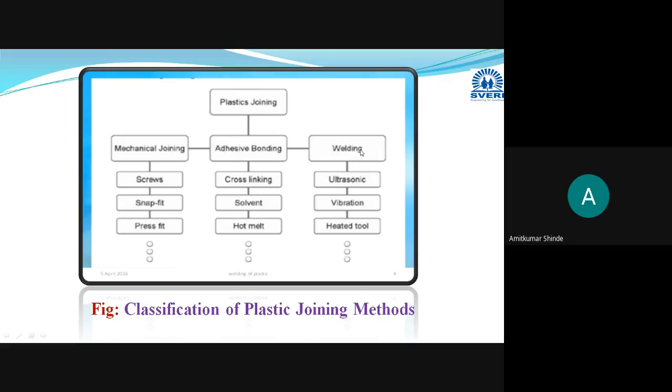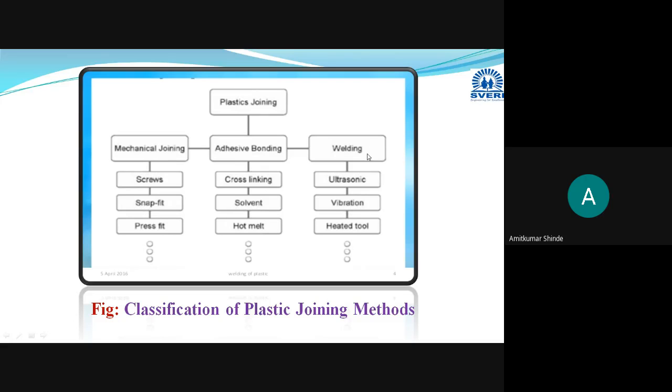Now in welding, we are going to heat that plastic material. Due to that heat, it will get softened, and after the application of some pressure, you can create the bond between the two plastic materials. That will be termed as the welding of the plastics.